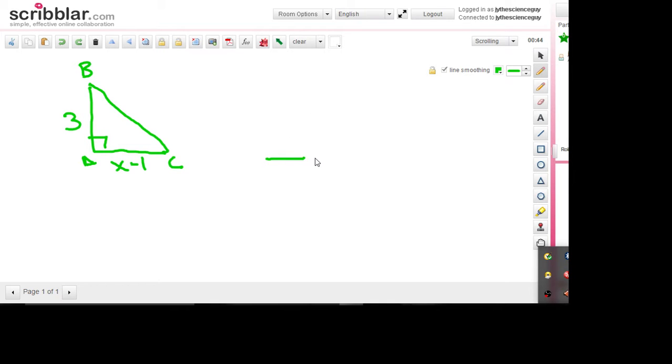And then I'm going to write my right triangle on this side. They're saying that this angle up here is congruent to that angle. And this is F, this is D, and this is G.